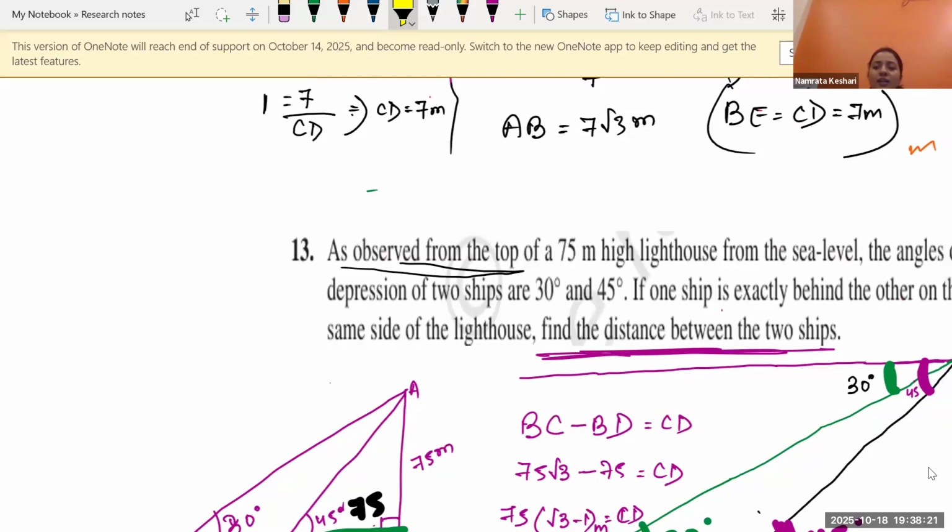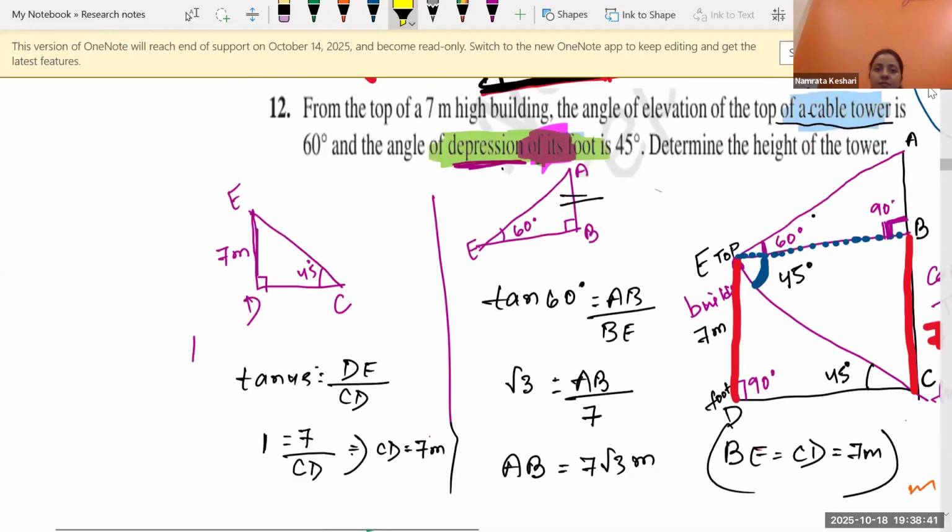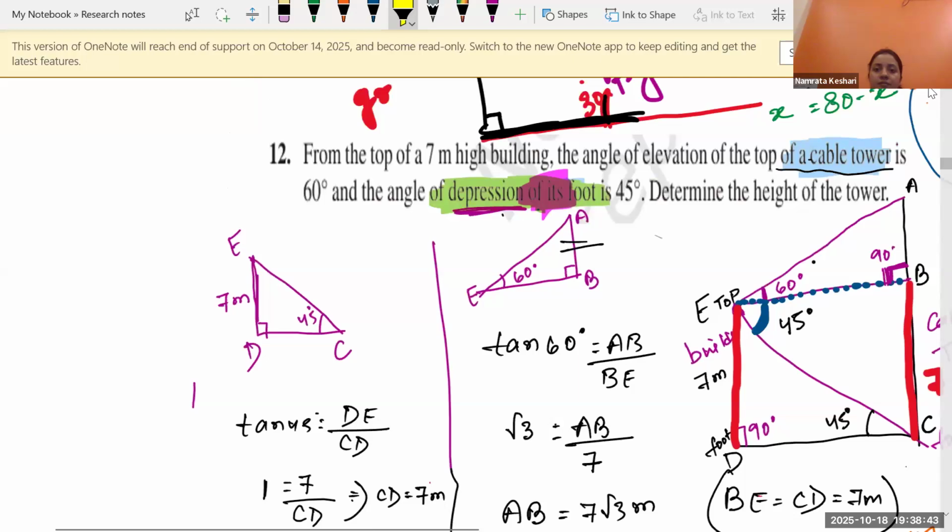I can recall that lighthouse one we had done as observed from 75. Yes, ma'am, we did 13. I don't think we did 12. Okay, let me take it.